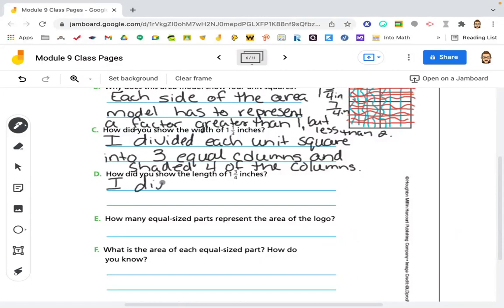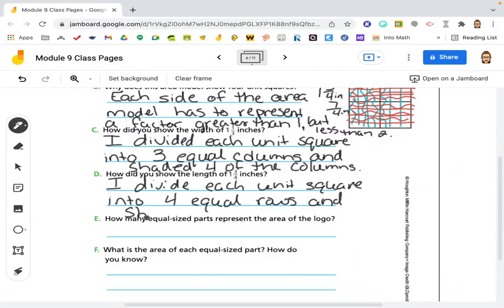So I divided each unit square into 4 equal rows and shaded 7 of them.